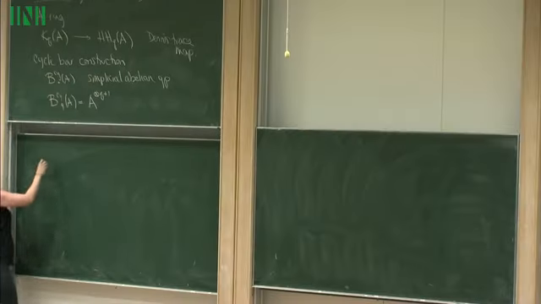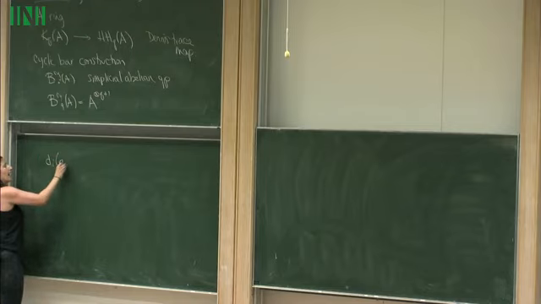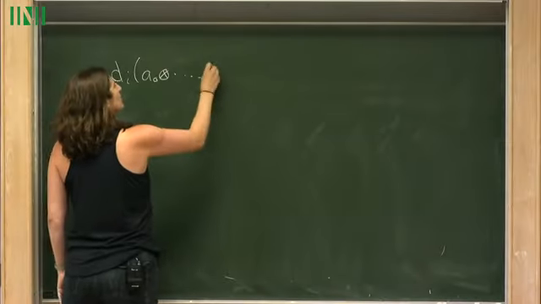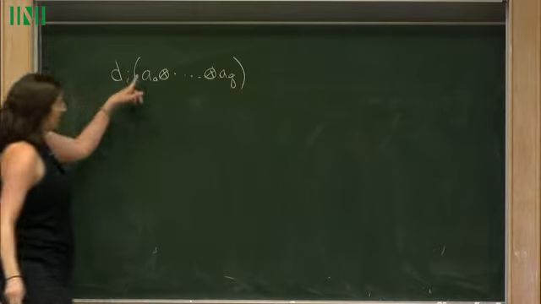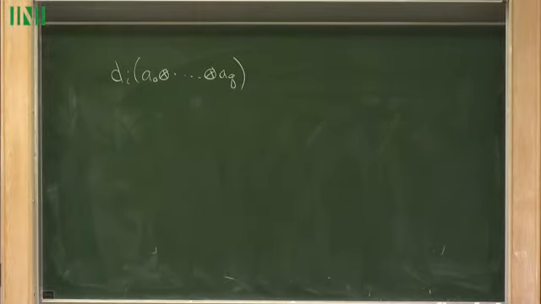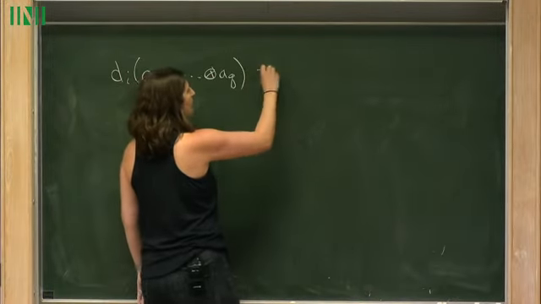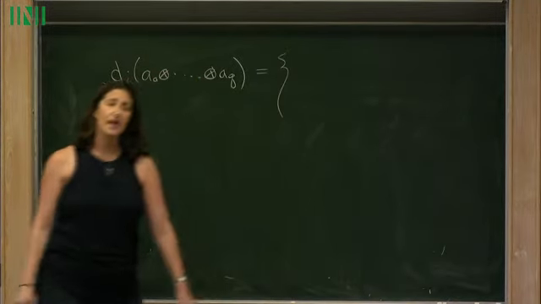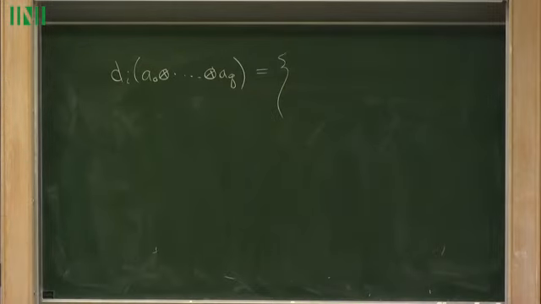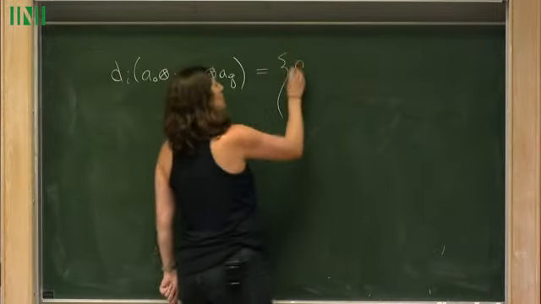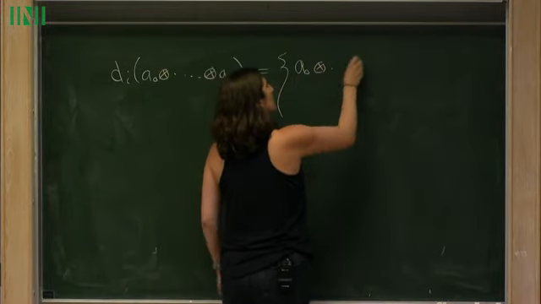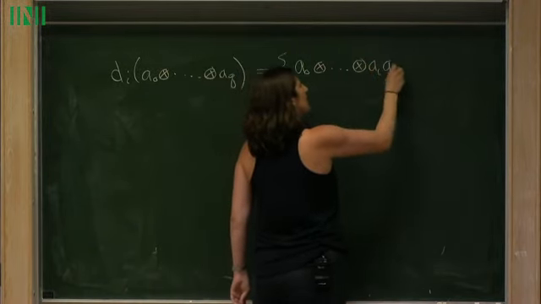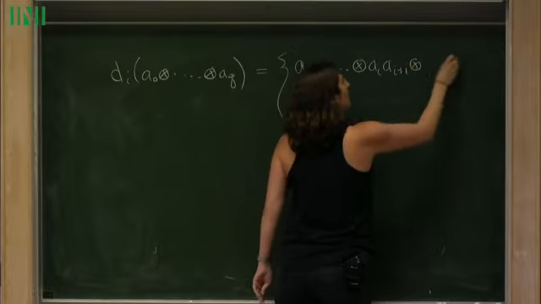So let's start with face maps. We have face maps d_i, and this takes something of the form a_0 tensor through a_q. What the ith face map does is it's going to multiply the ith and the i plus first element together. So this is going to go to a_0 tensor through a_i times a_{i+1} tensor through a_q.